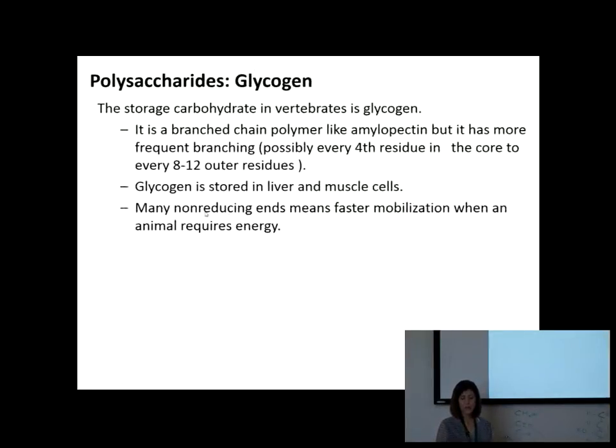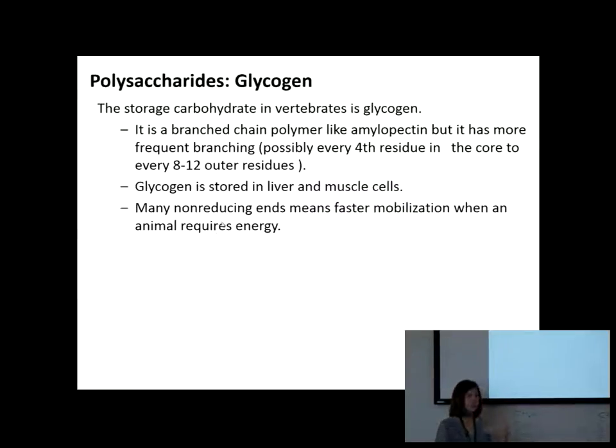And the reason why we have the more non-reducing ends is because the enzymes to free the sugar to go through metabolism take from the non-reducing ends. So the more non-reducing ends we have, the faster mobilization we can get.